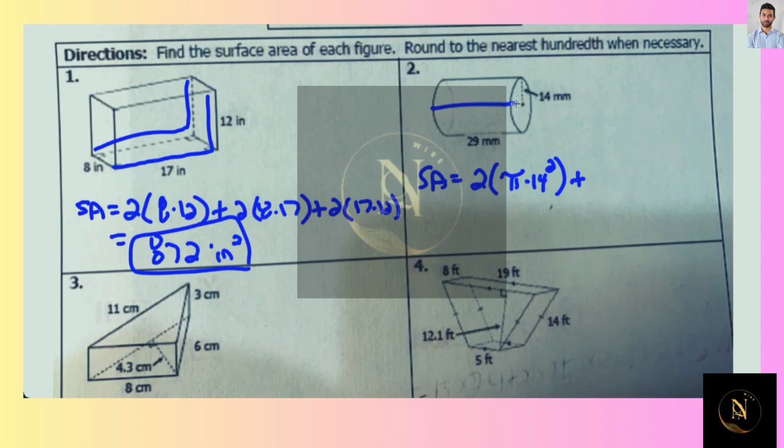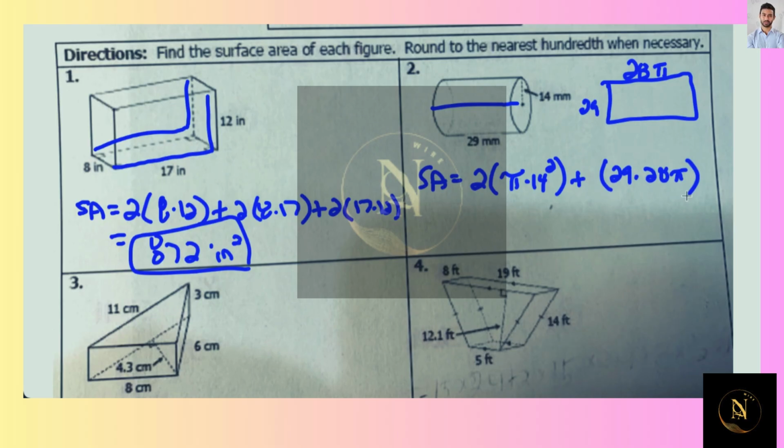If you were to think of it as like a label and you unwrapped it, you've got a rectangle whose length would be the circumference, which is 2 pi r, or pi times the diameter, which would be 28 pi, because the diameter would be 28. And then this would be 29. So 29 times 28 pi would be the rectangular part.